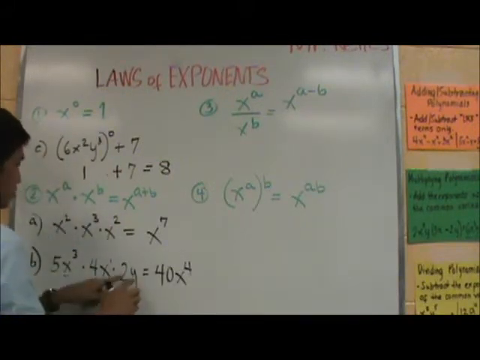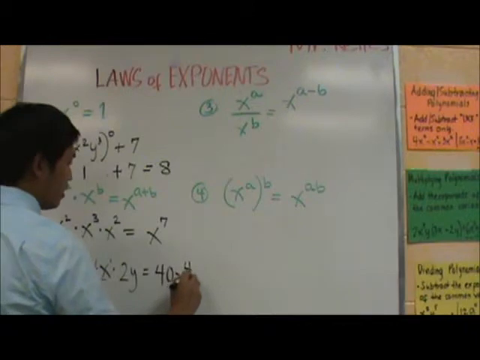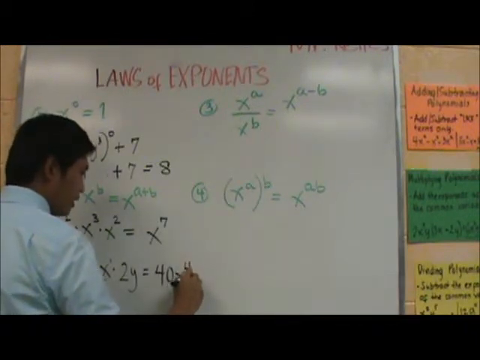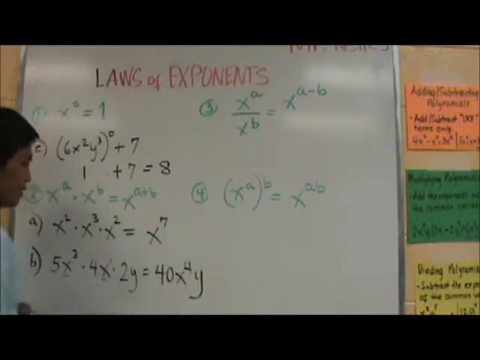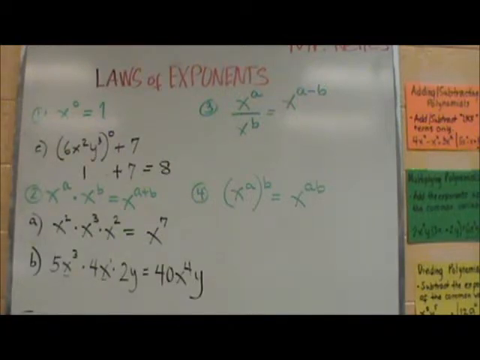Since you only have one y here, we'll just write it beside x to the 4th power. That's going to be the final answer for letter B. So to review, when you multiply the same variable, you just have to add the exponents.